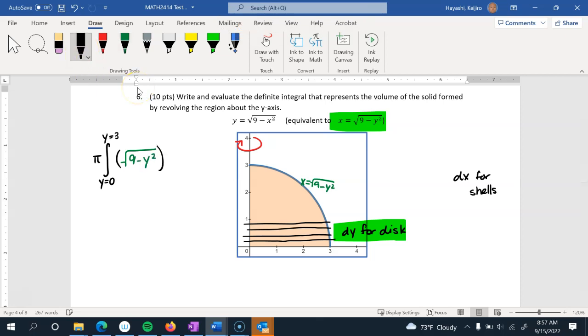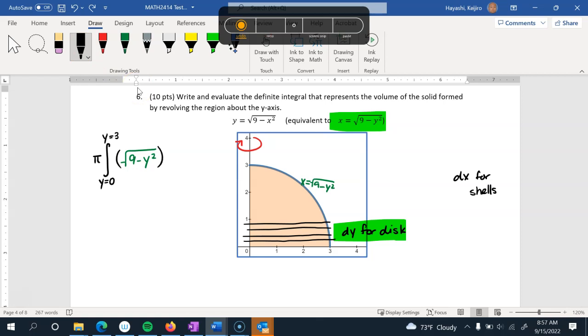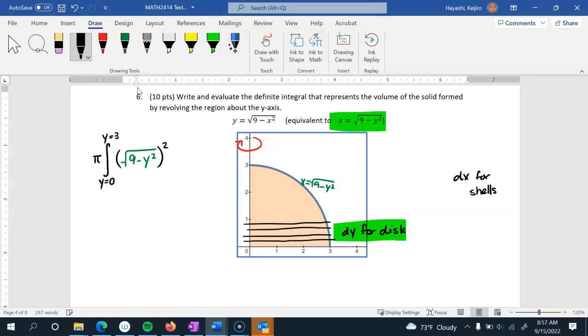And that is the radius that is going to get squared as it gets put into the disk method integral formula. And that's really good because that's going to cancel out with the square root that's there. So we're just going to have the integral of 9 minus y squared dy.